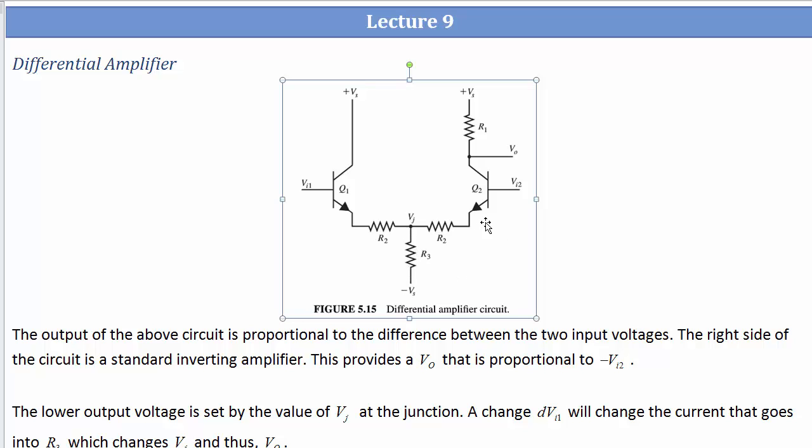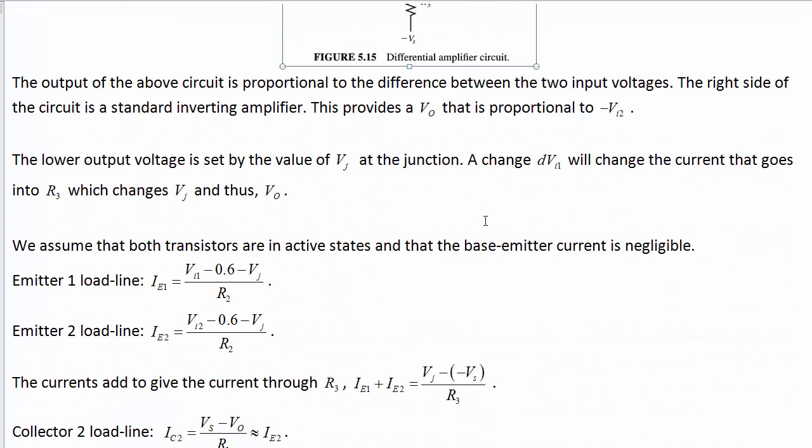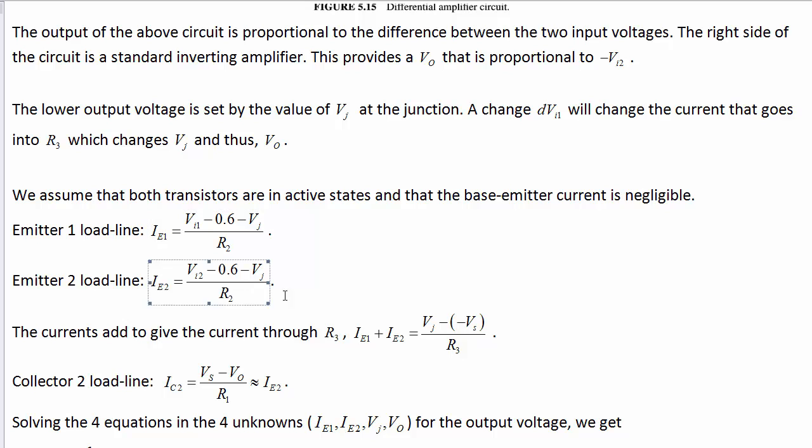Once that's done, you've got one equation here, one equation there, one equation there, and one equation for this load line. Writing out all of those equations, you get four equations in the four unknowns, IE1, IE2, VJ, and V out.